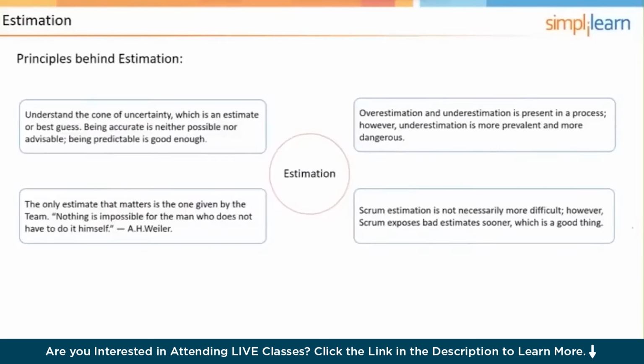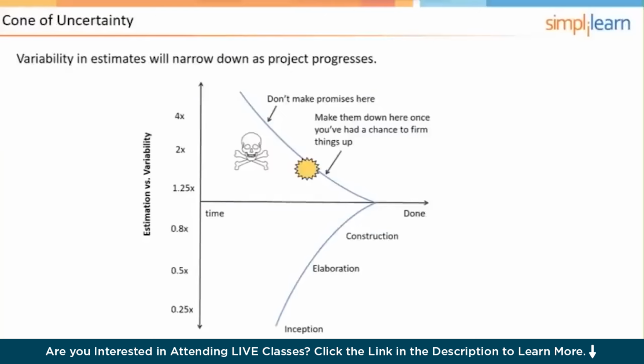Okay, so estimation. Let's start at the top left. The principles behind estimation. Understand the cone of uncertainty, which is an estimate or best guess to begin with, and then progressively becomes more accurate. In fact, let's just take a break and look at the cone of uncertainty. So at the very beginning of a project, there's going to be a high level of uncertainty.